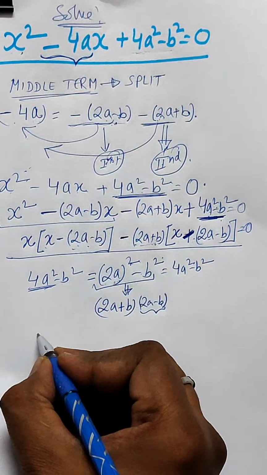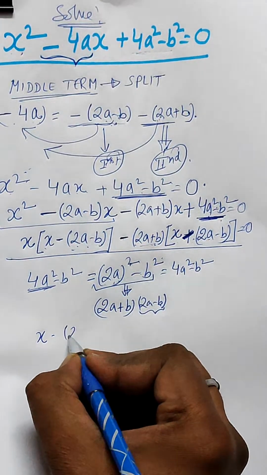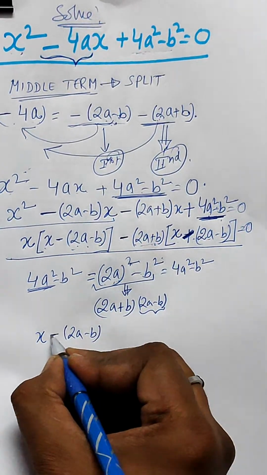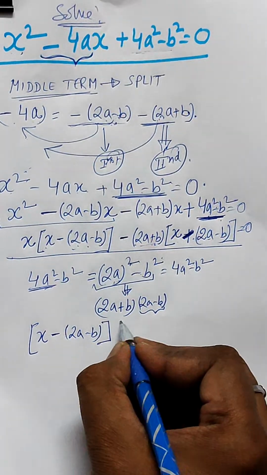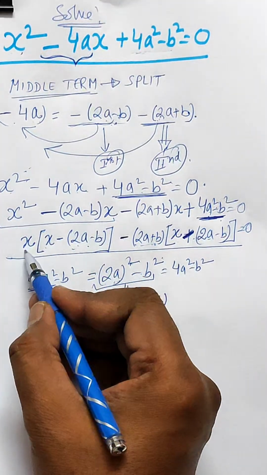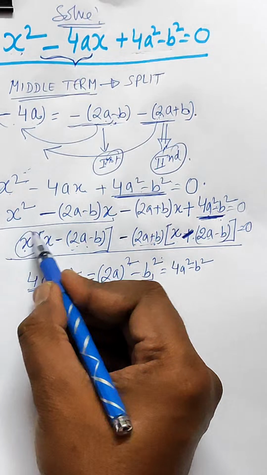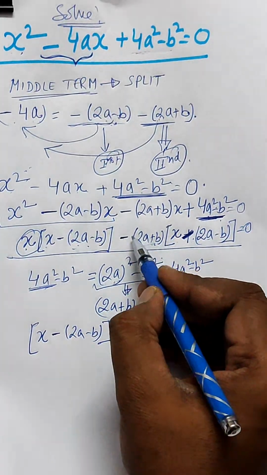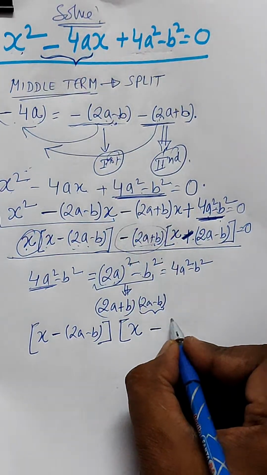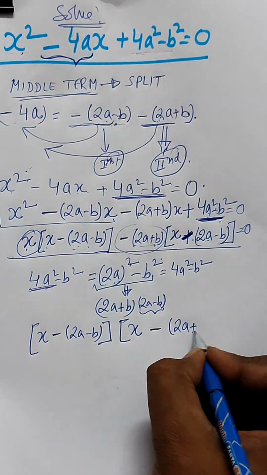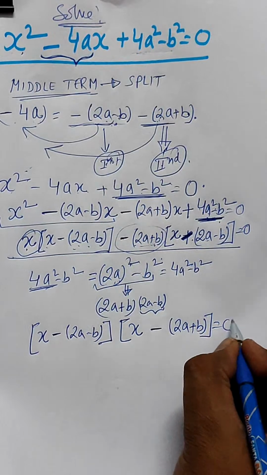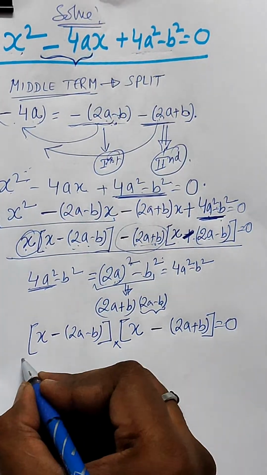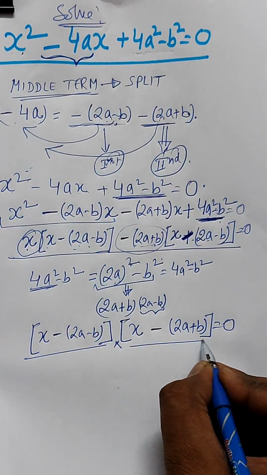So we take out common x minus 2a minus b. Inside the bracket we are left with this x minus this 2a plus b, right?